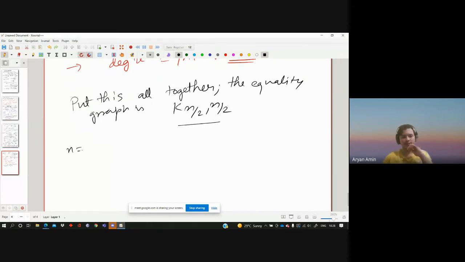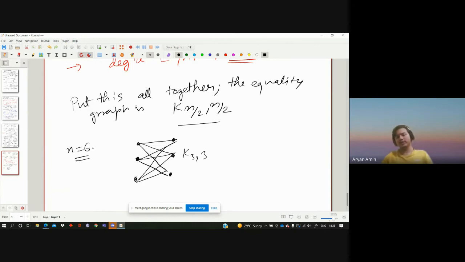Suppose you have n equals 6. You have two partitions, it's a bipartite graph, every partition has 3 vertices, and you draw all possible edges between them. So this is K_{3,3}.